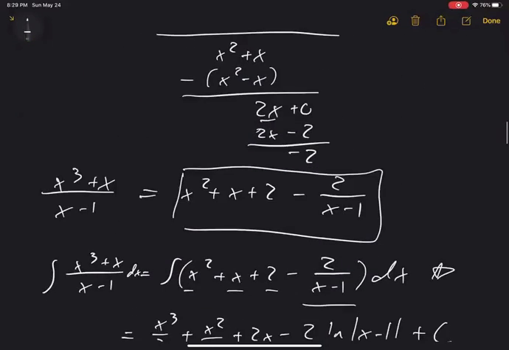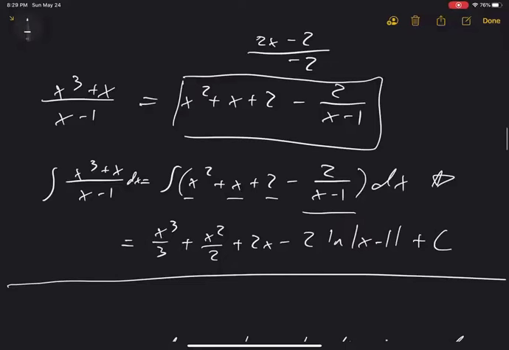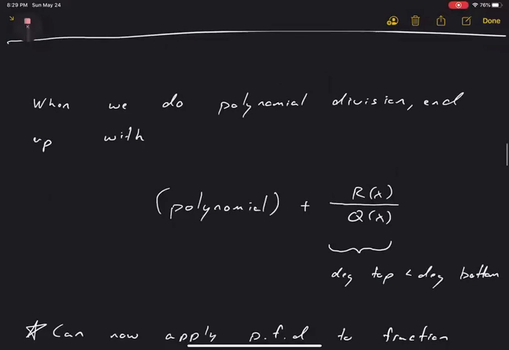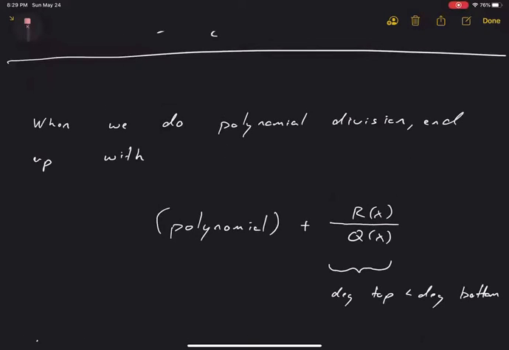In other times, this remainder is still going to be hard to integrate. What happened in this case is that this remainder was easy to integrate, but sometimes that remainder is still going to be hard to integrate. So in general, when the degree of the top is bigger than the degree of the bottom, we're going to do polynomial long division, and we're going to end up with a polynomial plus that remainder term, and maybe this remainder term is still hard to integrate.